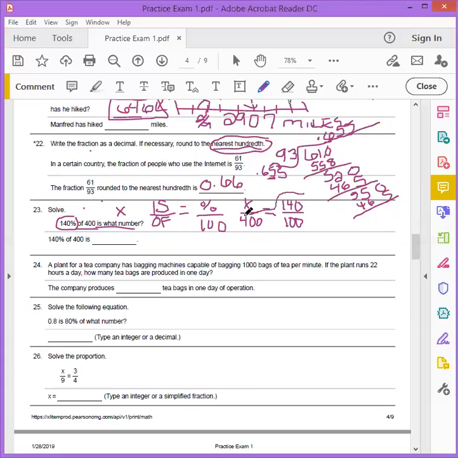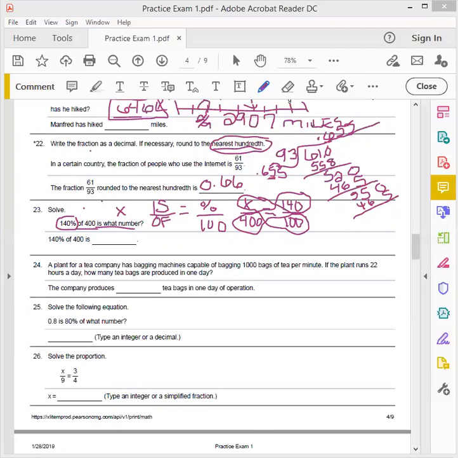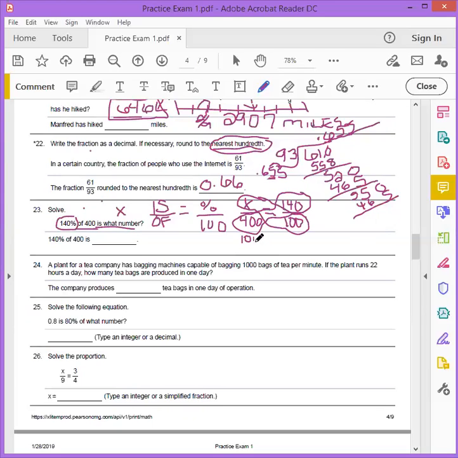We want to cross multiply to solve. So multiply the terms that are diagonal to each other. So we're multiplying 400 times 140 and 100 times x. So 100 times x gives us 100x equals 400 times 140, which gives us 56,000.